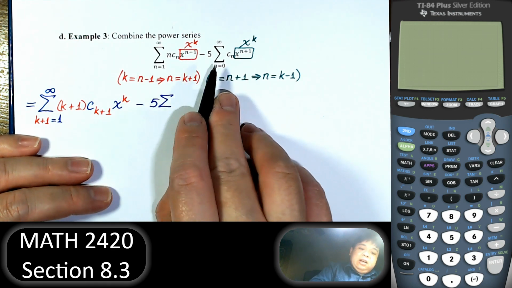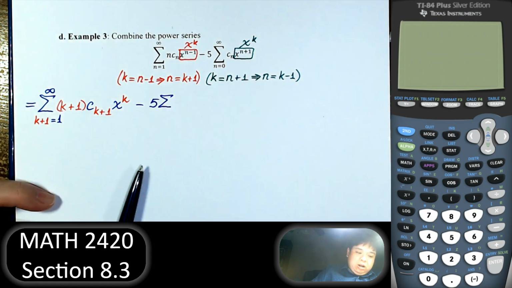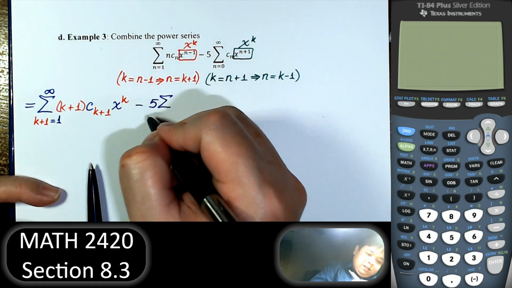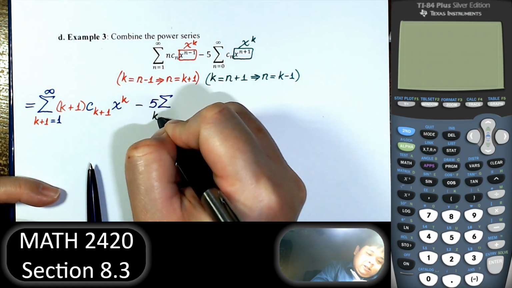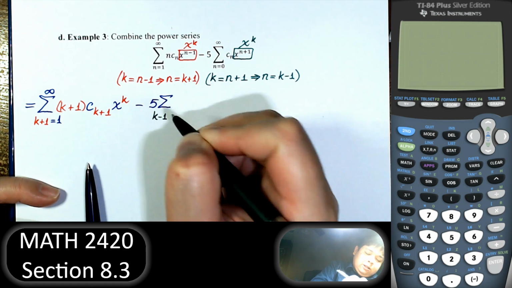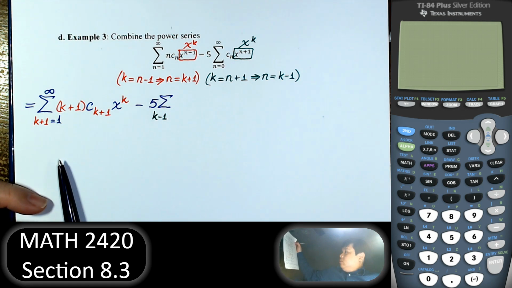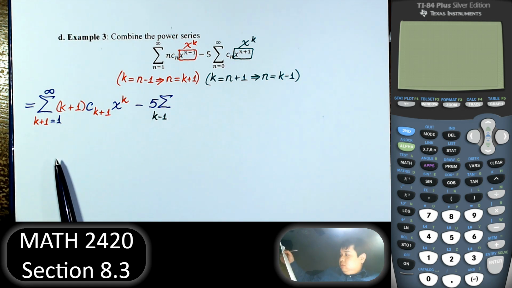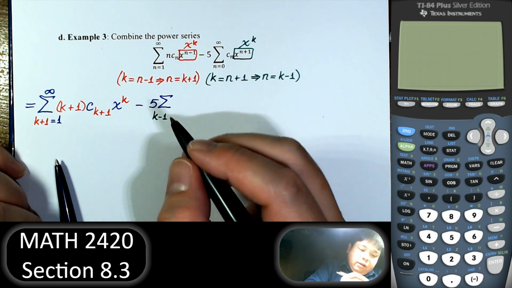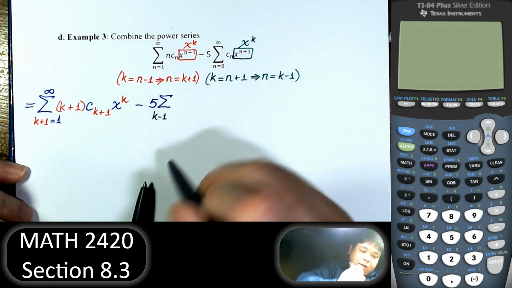We have n here. This time n is equal to k minus 1. Equal to 0.